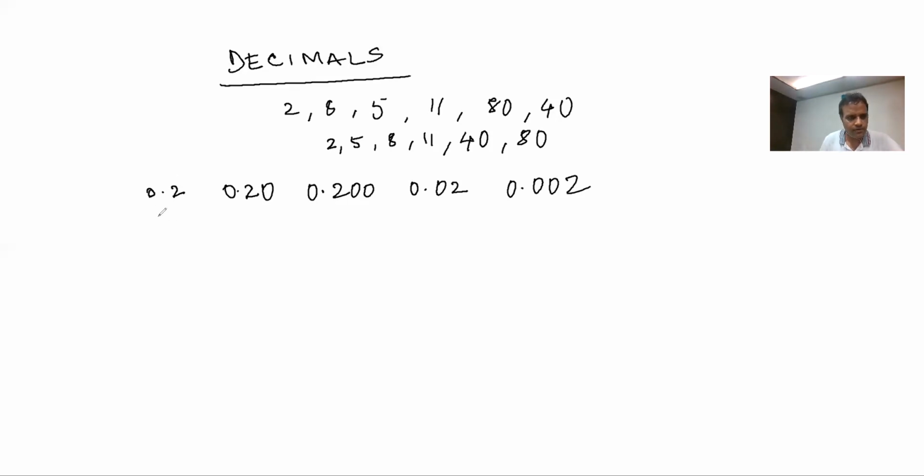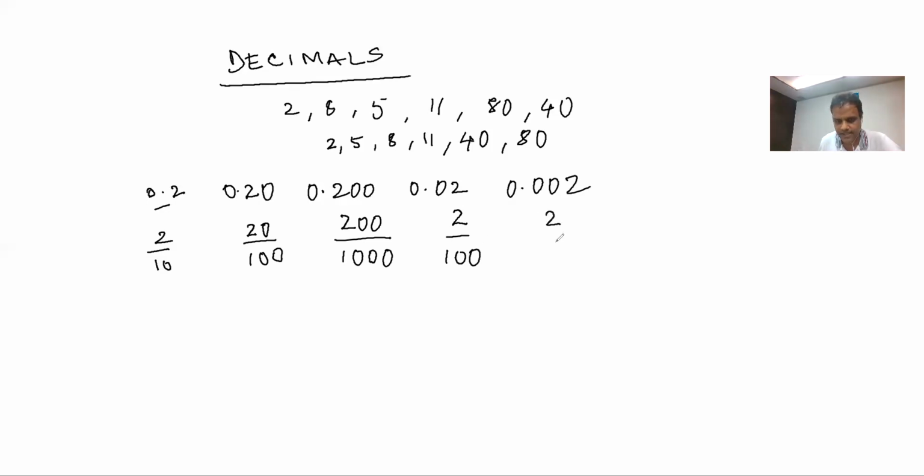Now if I convert 0.2 into a fraction, it becomes 2 upon 10. 0.20 becomes 20 upon 100. 0.200 becomes 200 upon 1000. 0.02 becomes 2 upon 100. And 0.002 becomes 2 upon 1000.